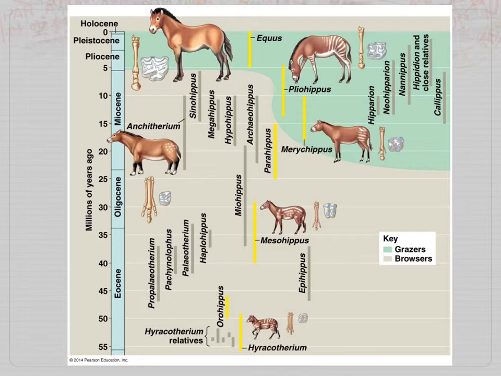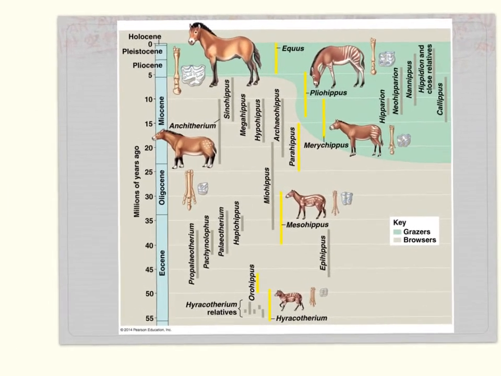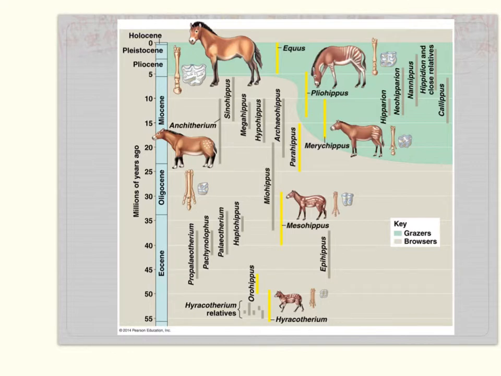Okay, in our final slide, here is the horse evolution from about 55 million years ago. We have this almost dog-sized horse. Okay, that was the species.